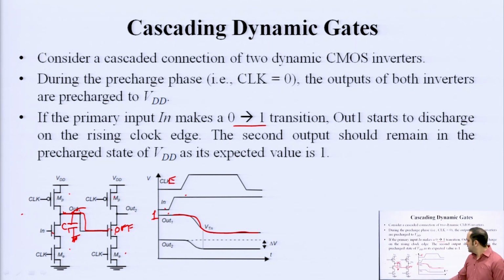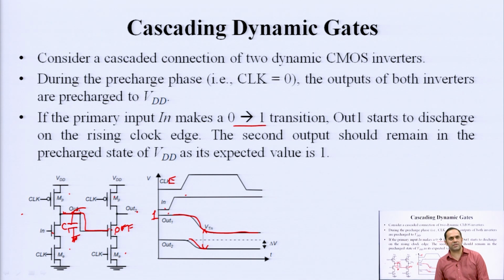Because of that, when this is on, out 2 also begins to discharge via ground. Okay. So, this starts to lose charge here, and as soon as the threshold is exceeded on the downside, this transistor goes off and there is no path to discharge. So, some loss of charge is experienced.